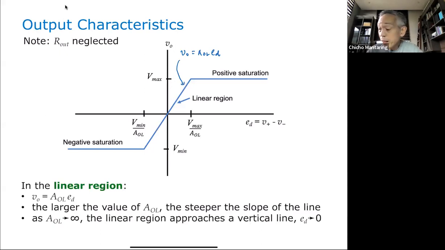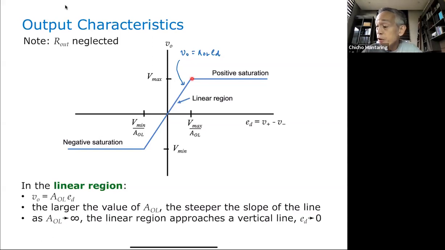And then what did I say? I said that the value of V sub O cannot become indiscriminately large. We don't expect this line to continue upward all the way to positive infinity, and we don't expect this line to continue downward all the way to negative infinity. At some point, we say the output saturates. So where does it saturate?